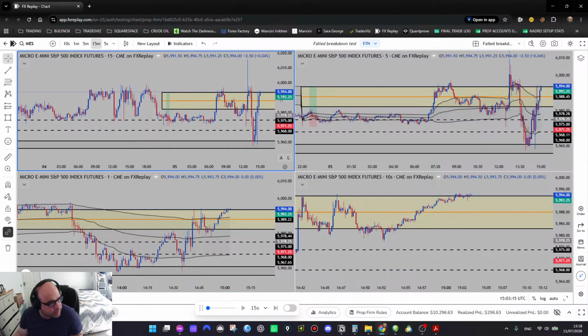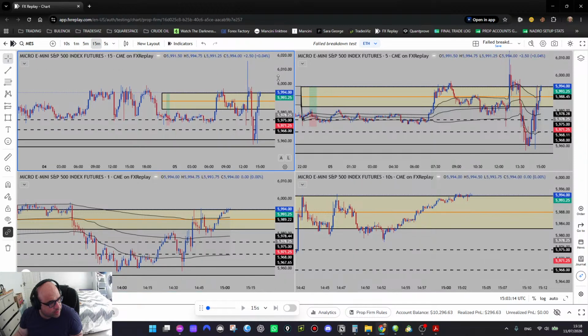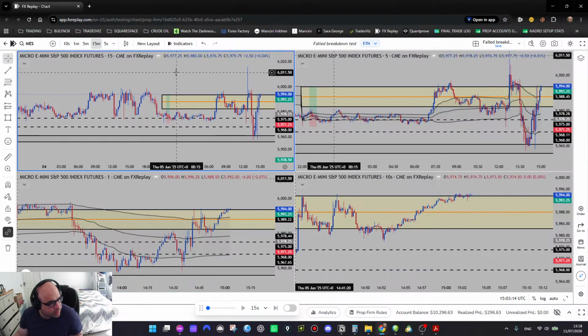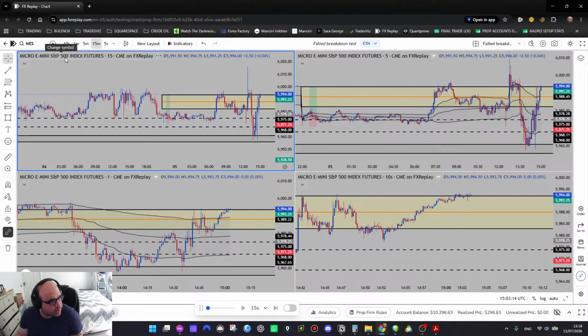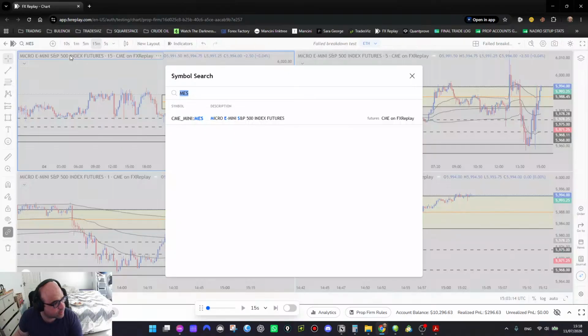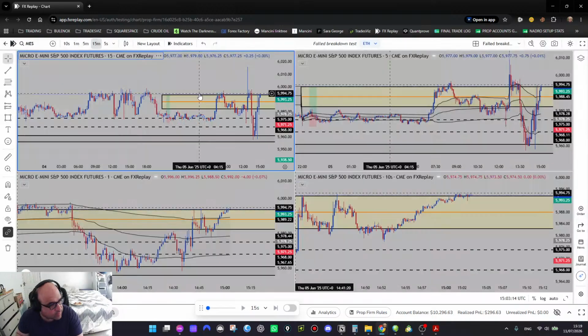I think TradingView just has the continuous contract, but I'm not sure if I can put the actual contract of 2025. It's gonna have a different price ladder. Yeah, just give me 2025.